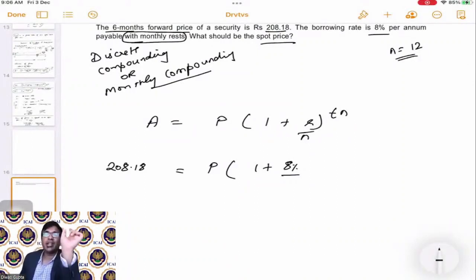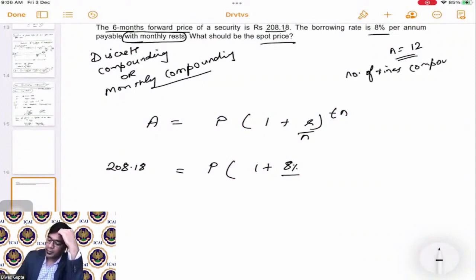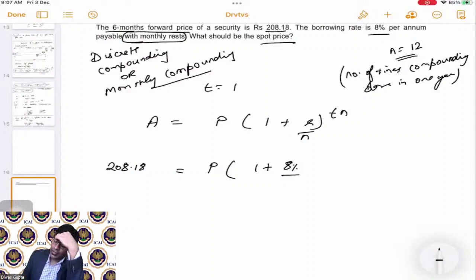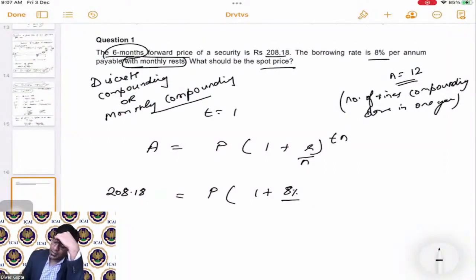N is the number of times the compounding is done in 1 year, correct? And T was 1 for 1 year. Here, what is the expiry? 6 months. So T is equal to 0.5 here, correct?